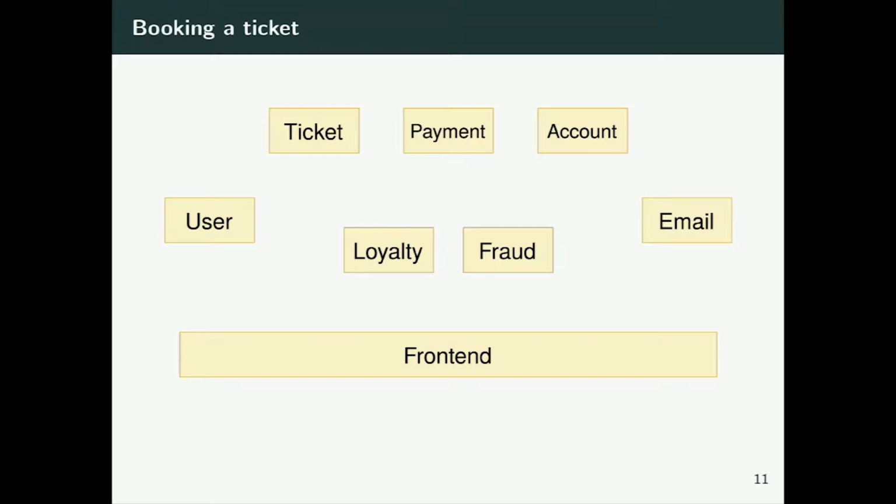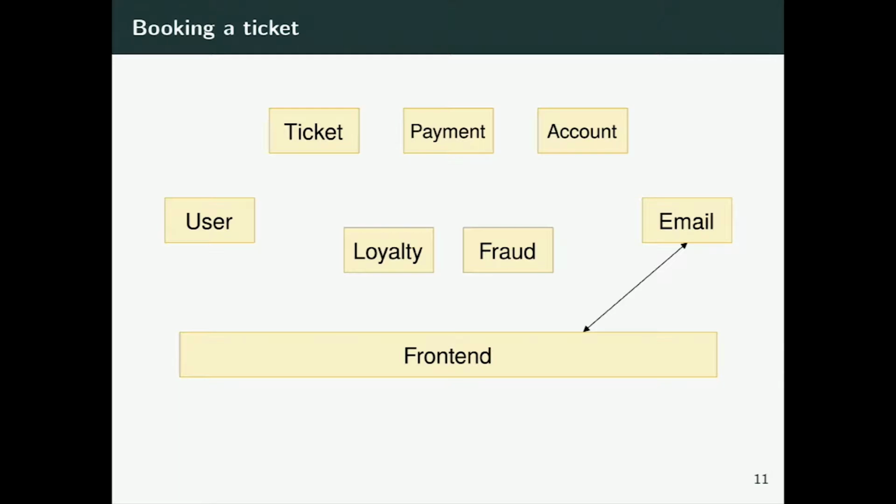And then the server application makes REST calls to the user service to check the login, receive user details, the ticket microservice to check that the tickets they want to buy are available, the fraud microservice to make sure that they're not using a stolen credit card or anything like that, the payment microservice to take a payment, the ticket microservice again to record those tickets as sold now because you've sold them, the accounts microservice to log the sales so that you can do some financial analytics and things like that on it, the loyalty service to update the customer's loyalty points, the email service to send a confirmation email.